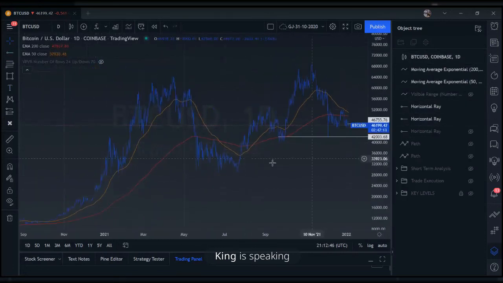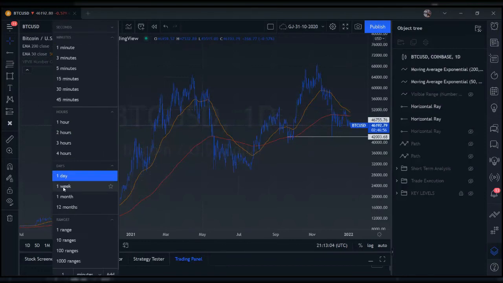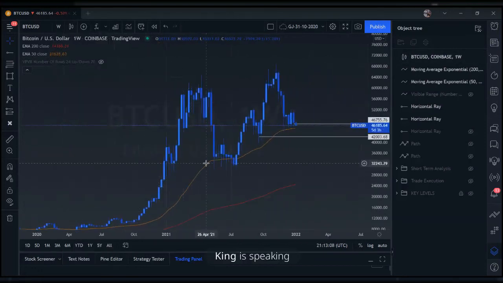So like I said earlier, Bitcoin since July 2020 has been holding above this 50 EMA on the weekly. Yeah. So it's been used as support on the weekly.